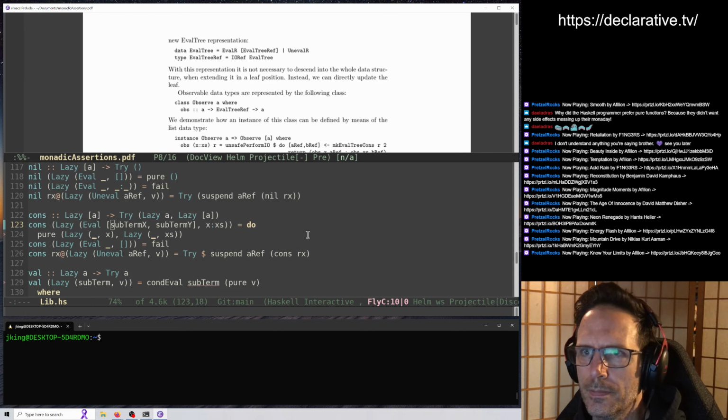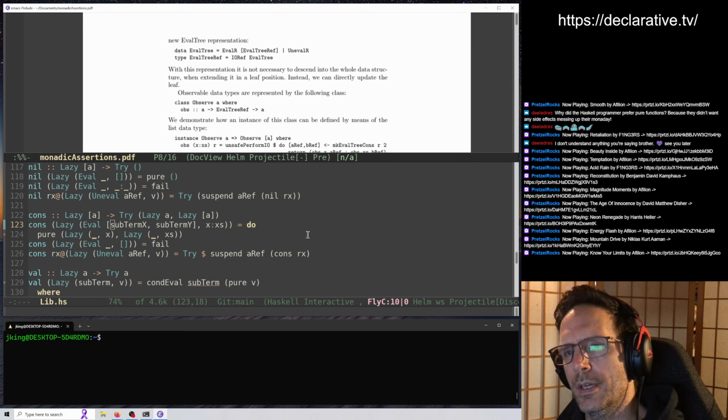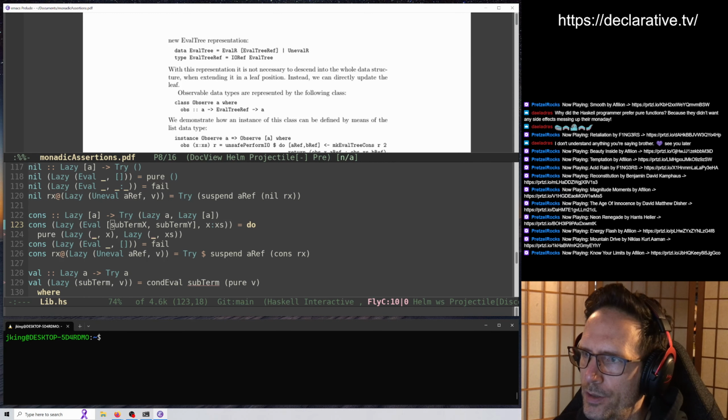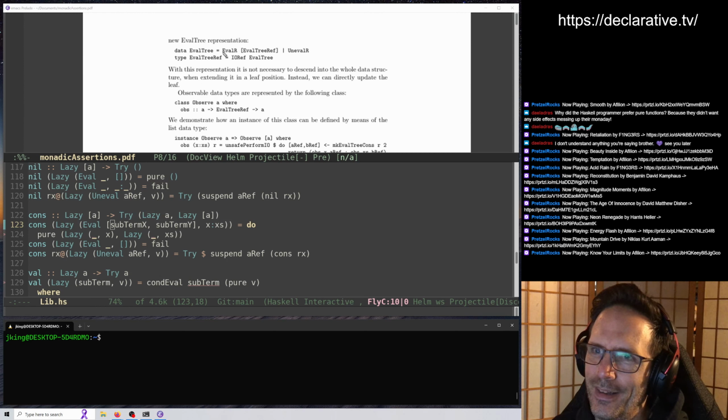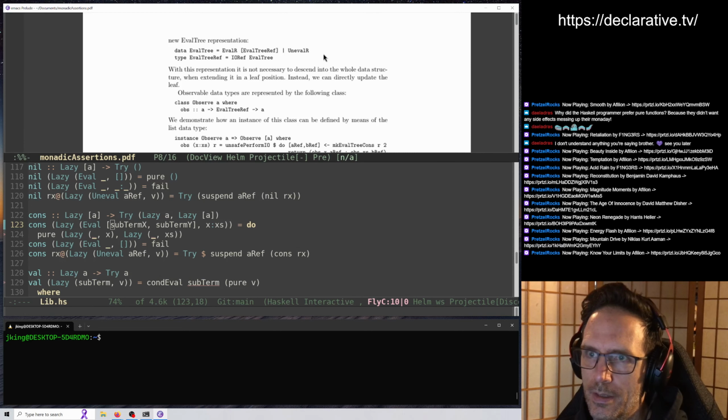Oh, okay. Actually, yeah, maybe it's a skill issue here. So they call it eval R here, the constructor, and that contains the eval tree refs. Okay. So an eval tree ref is the IO ref of the eval tree, but the eval tree still has the refs inside of it, so it doesn't matter that the constructor is named differently.